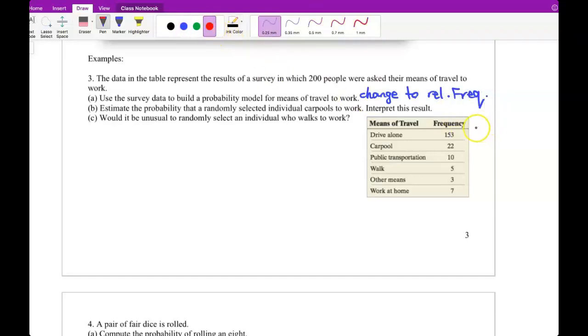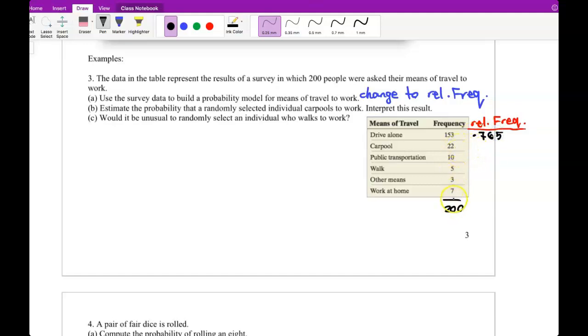I'm writing the output here. So here in total we have 200, and each one is divided by 200. For the first part, I'm rounding to 3 decimal places. So the first one is 0.765.